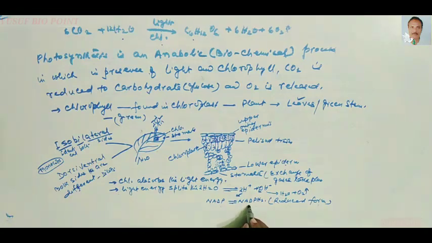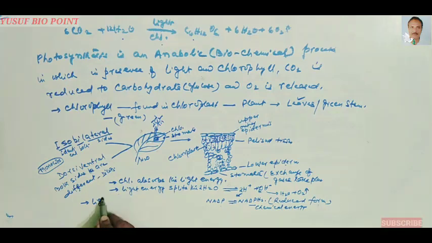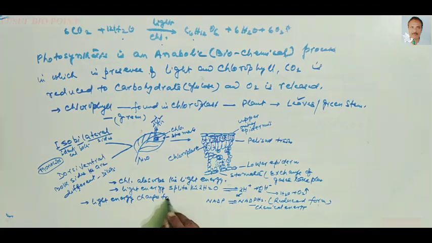And this NADPH2 is chemical energy. So we can say that light energy changes to chemical energy.